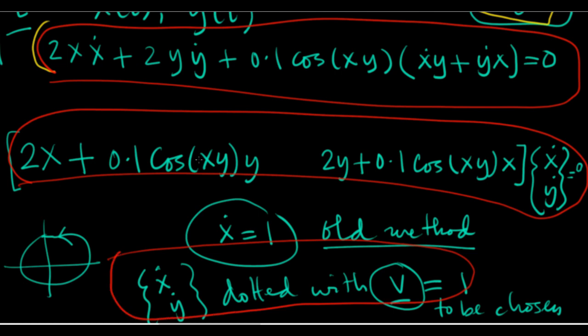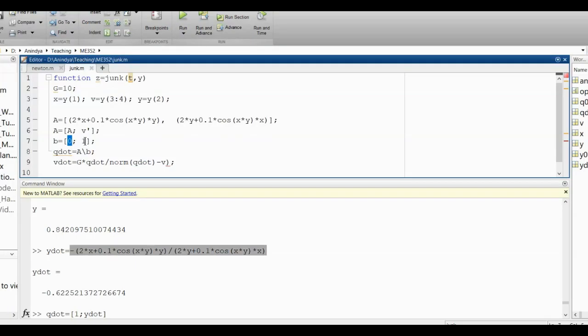I need two equations in x dot and y dot to determine x dot and y dot. That is the other equation. This is a made up condition. It is a rate normalizing condition that gives me an x dot and a y dot. And now I am just calling that vector q dot. There is a problem here.